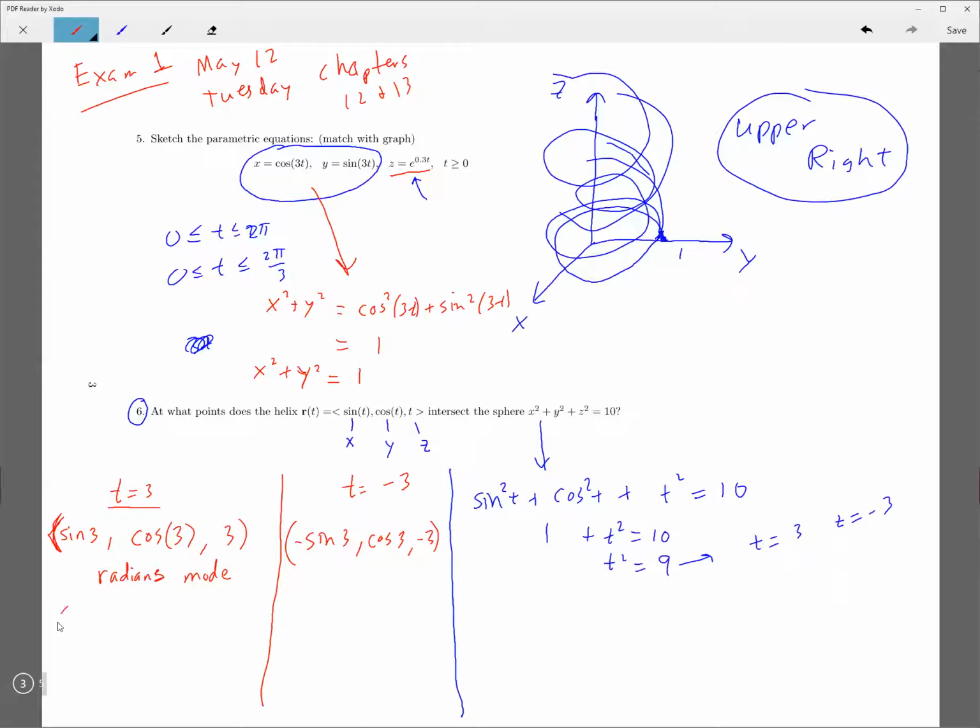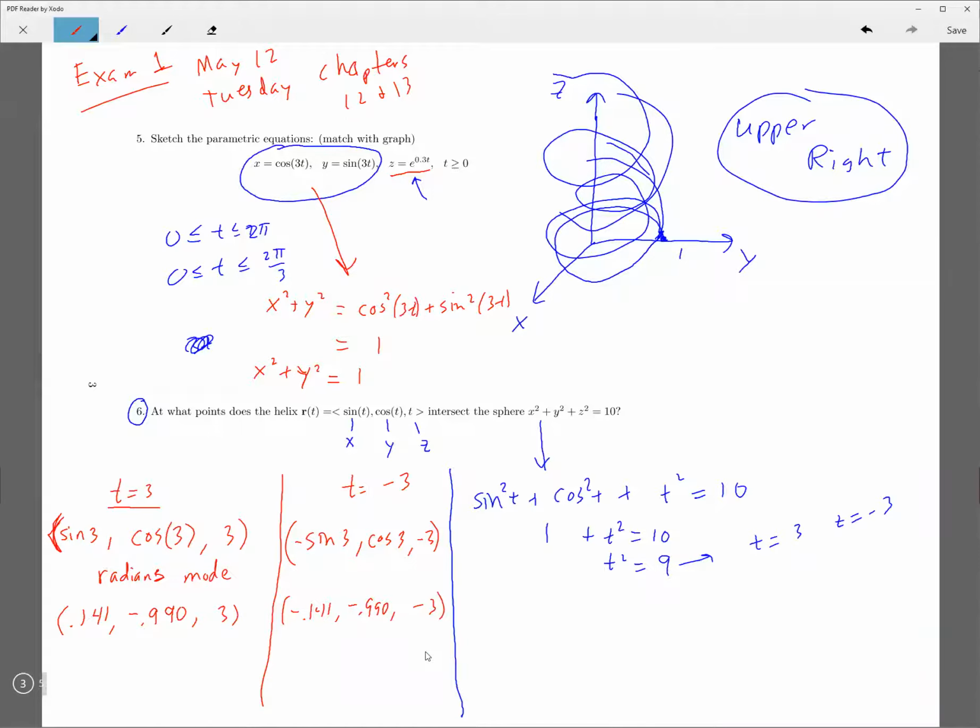I have sine 3 is 0.141, and cosine 3 is negative 0.990. And then, of course, you just have the 3 right there. So then this is going to be negative 0.141, negative 0.990, and negative 3.